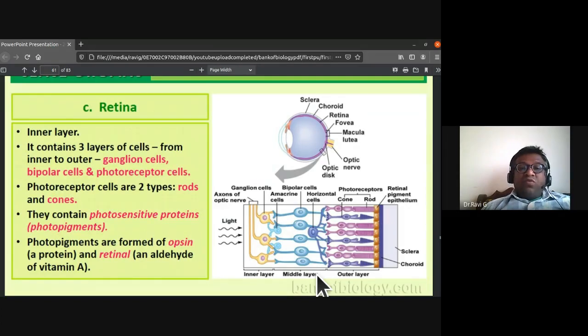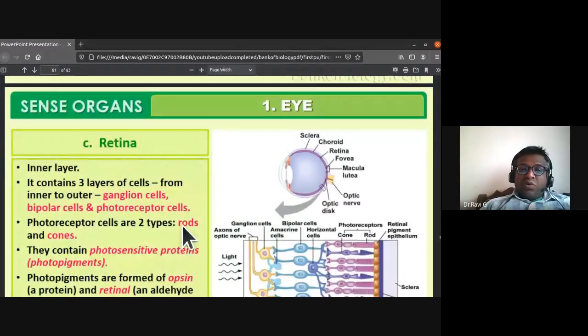The photoreceptor cells are of two types, rods and cones. The rods and cones contain photosensitive proteins, or photopigments, as we call them.